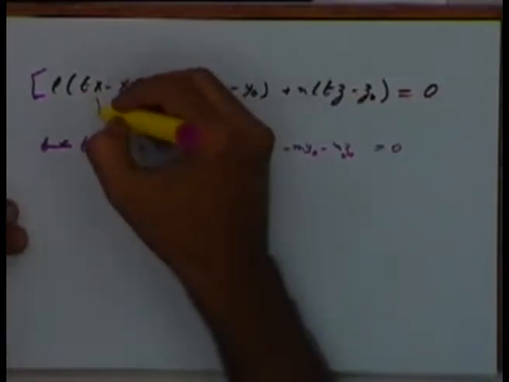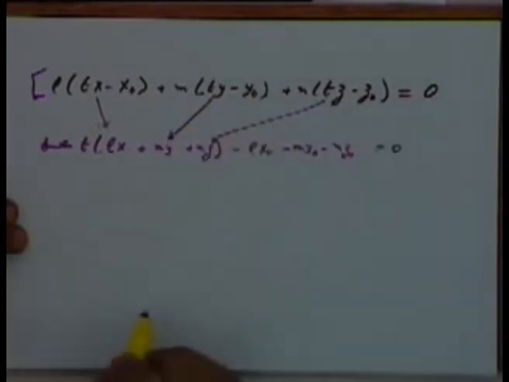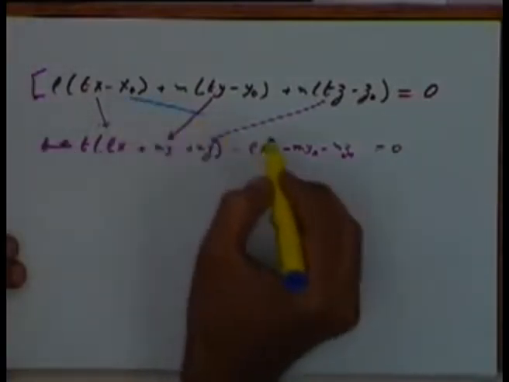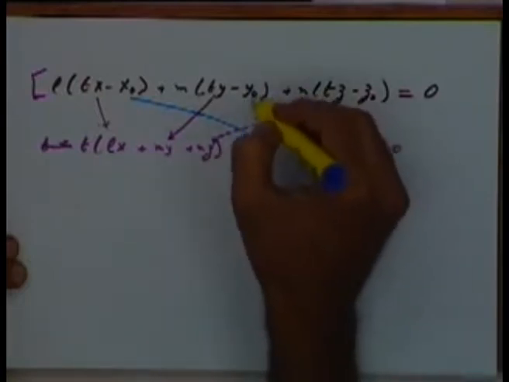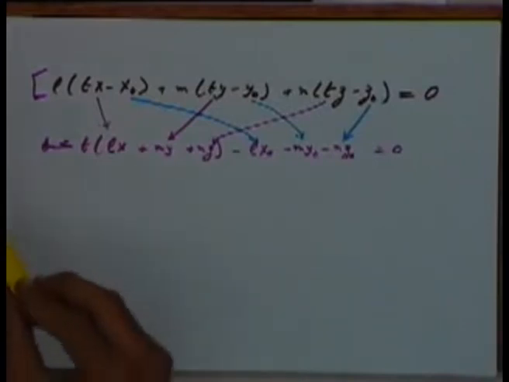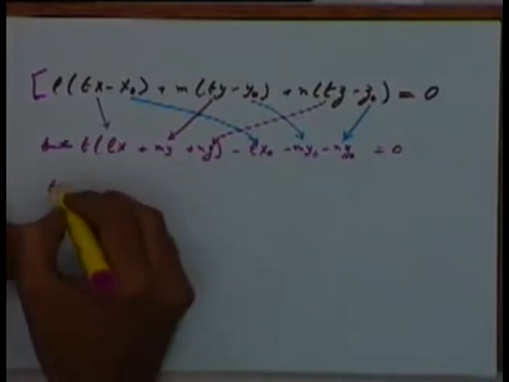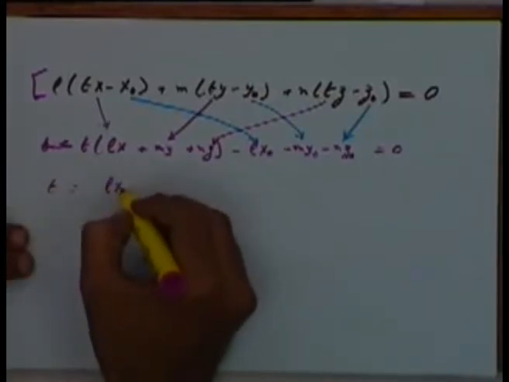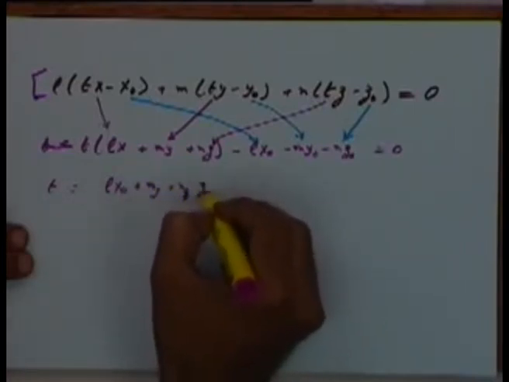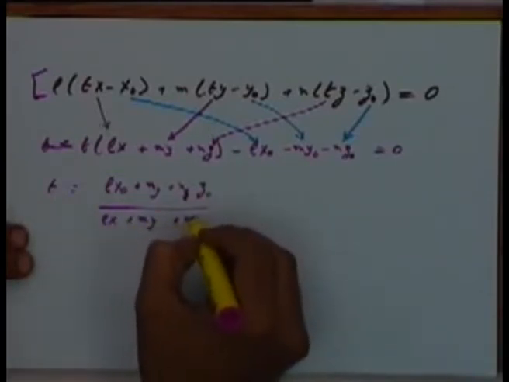This term is coming here, and this term is coming here. So from this I will get t is equal to Lx naught plus my naught plus nz naught divided by Lx plus my plus nz.